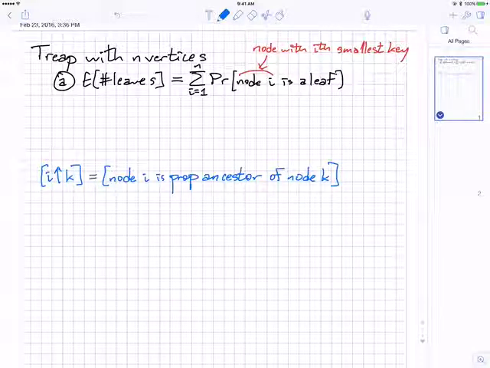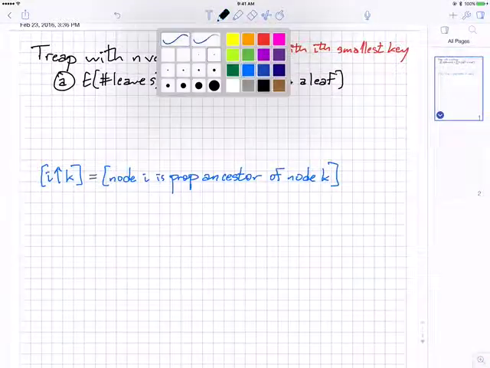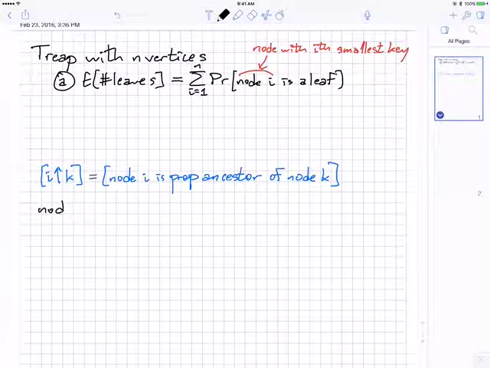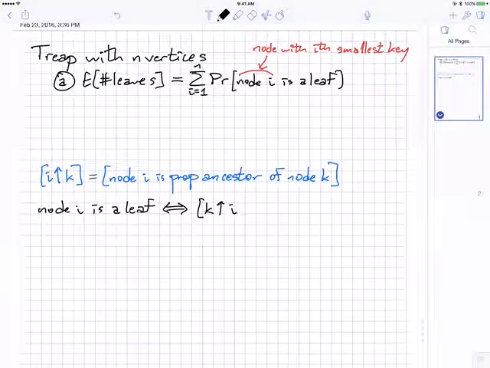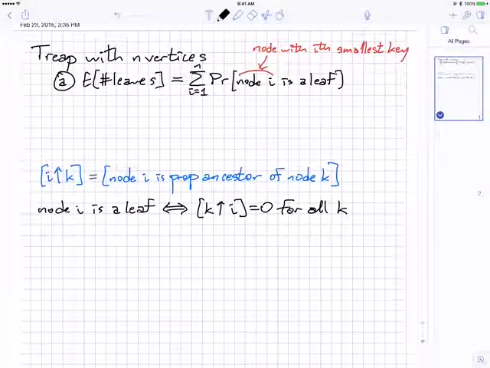Right. So node I is a leaf if and only if, sorry, that's not an if and only if, this indicator variable k is an ancestor of I is always 0.